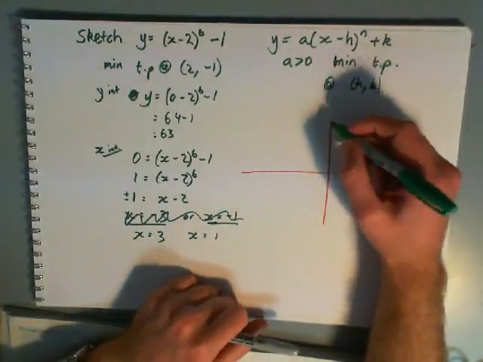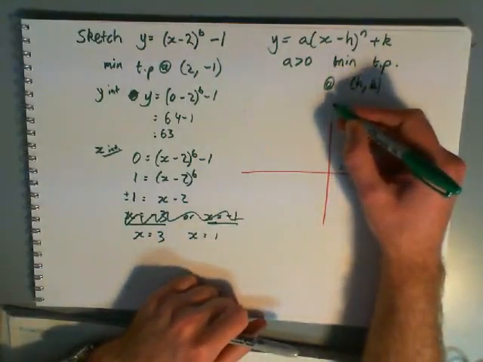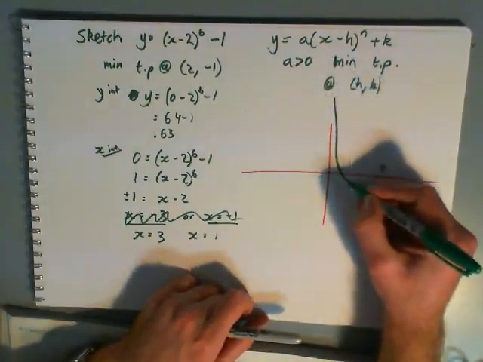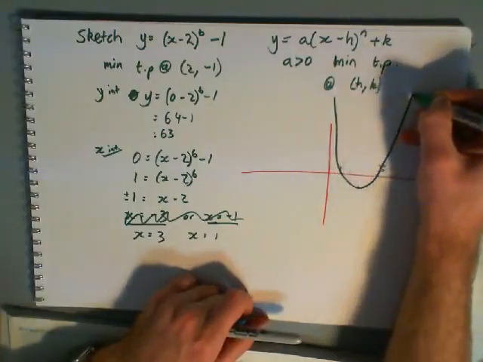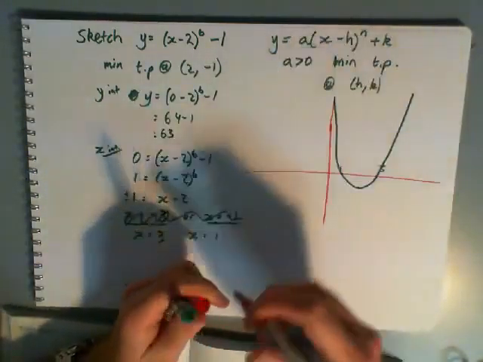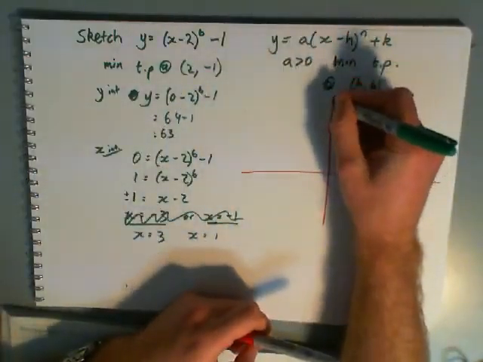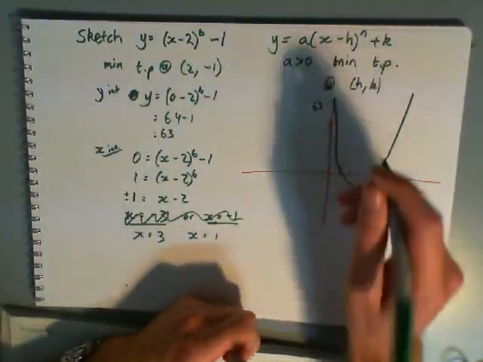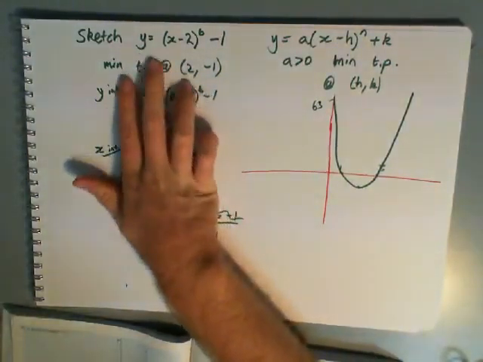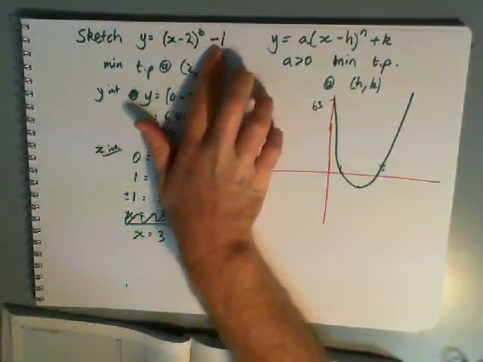And we've got a power of 6, so it's going to be quite large. Okay, and a y-intercept at 63. So that's the graph of (x − 2)^6 − 1.